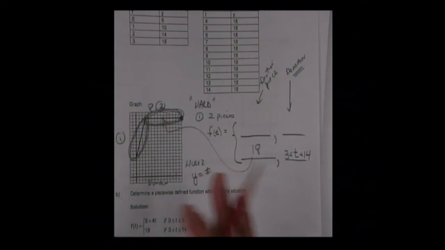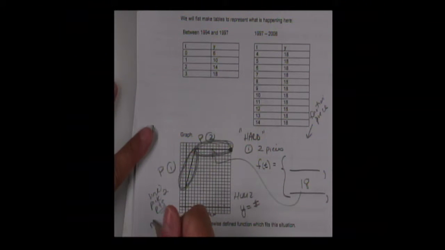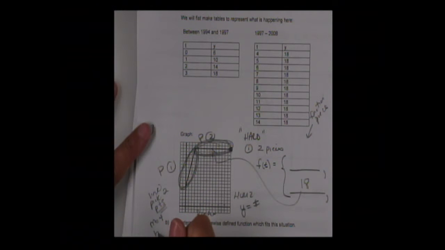So I pick my favorite 2 points. It's a line, so I pick my favorite 2 points, which by now you're all really good at. By the way, for the part A that I didn't do, we have a table, so you pick any 2 points, and what you would learn is the slope is 4.